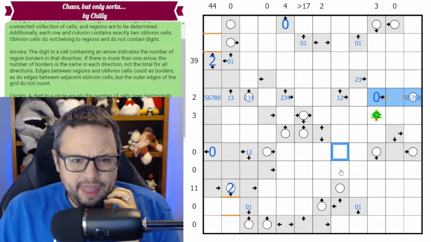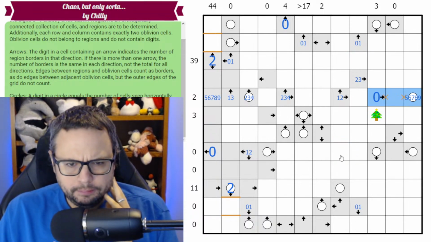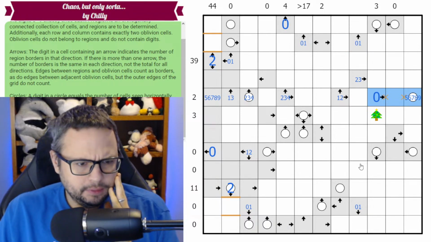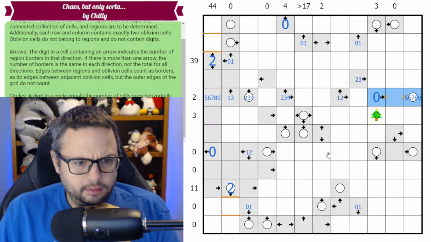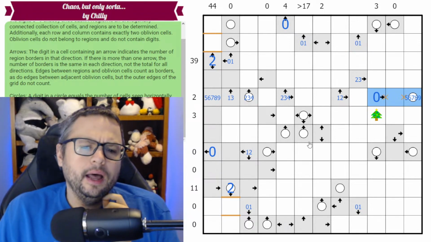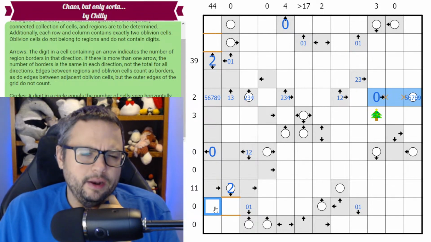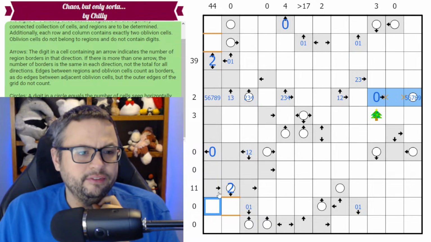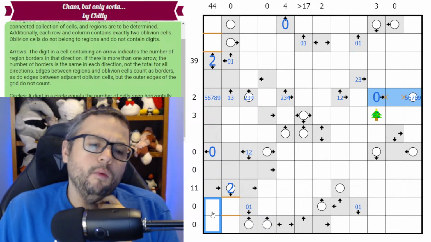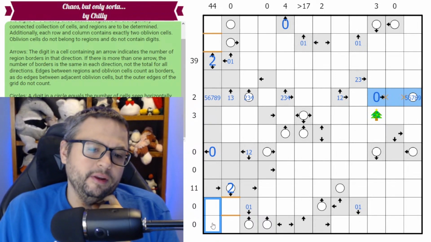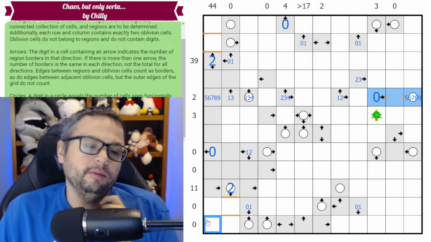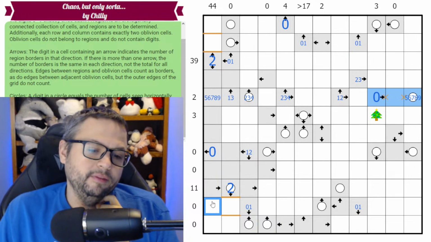So we've gotten all of that. Let's see. Right. Okay. So here is Selena and Jim's point. I know one of these two is an Oblivion cell because of this 44. So this is an Oblivion cell, and so this is either an Oblivion cell or 1, and if this is a 1, that's an Oblivion cell.